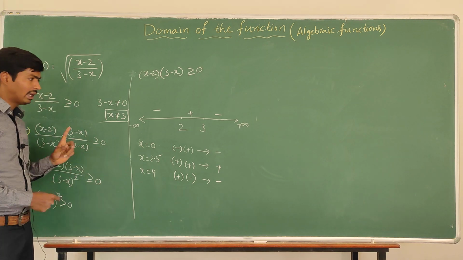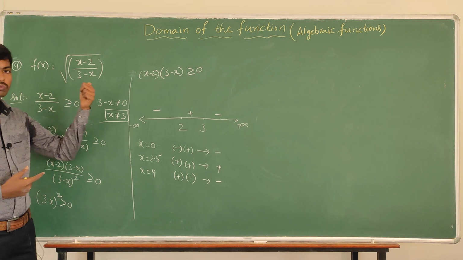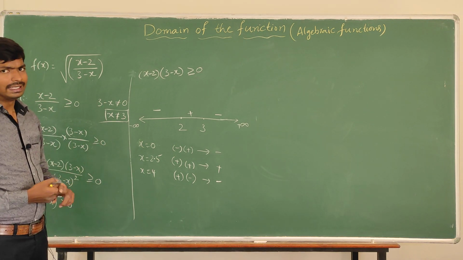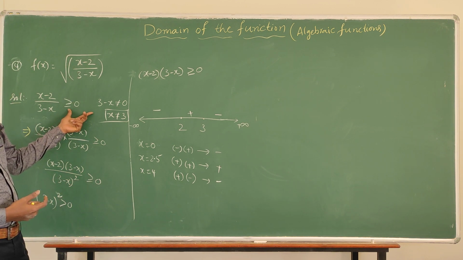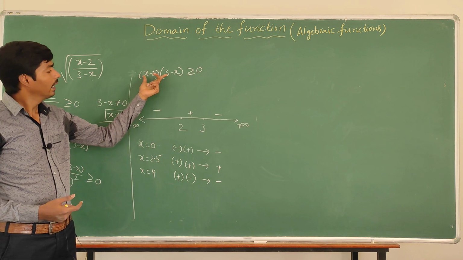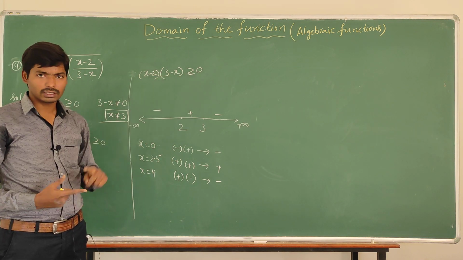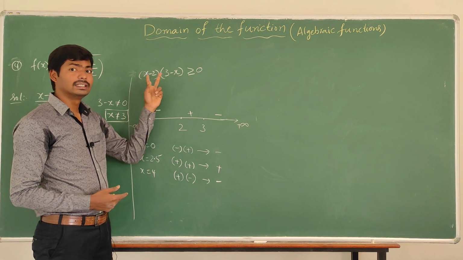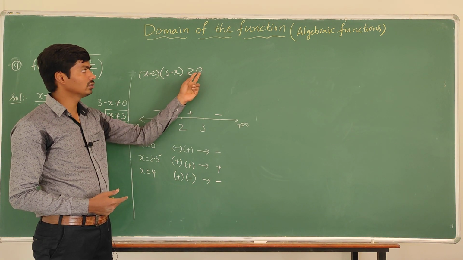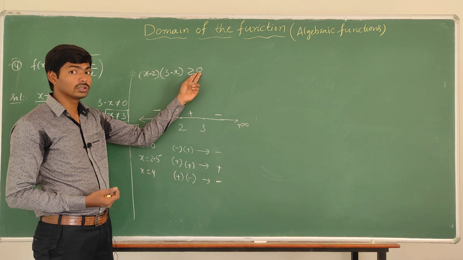Here we have to find the set of all values for which my function can be defined. In order for the function to be defined, this expression must be greater than or equal to 0. So for which values of x will this product be greater than or equal to 0, meaning 0 or positive?